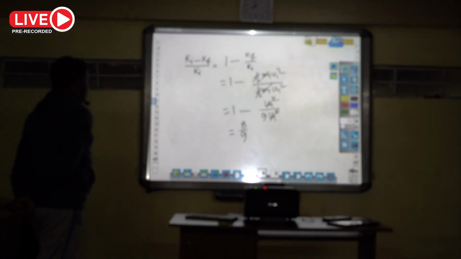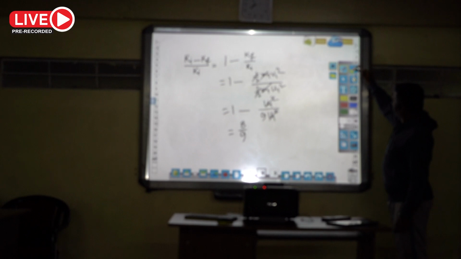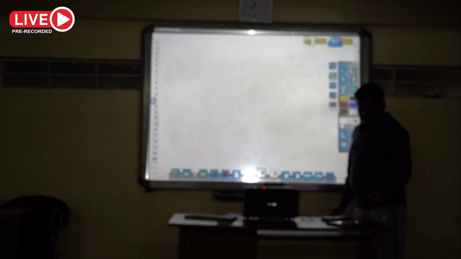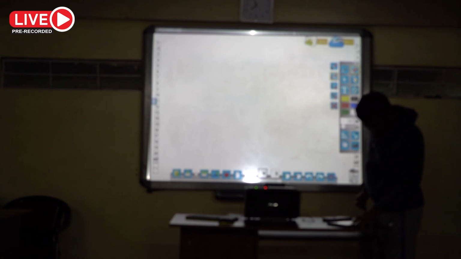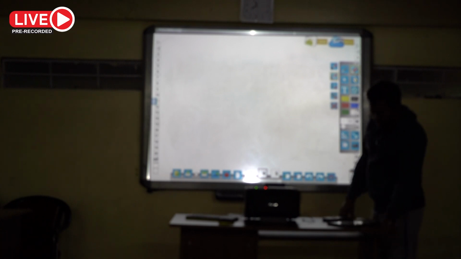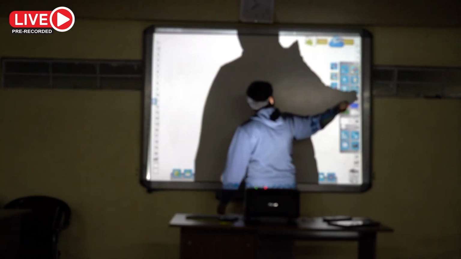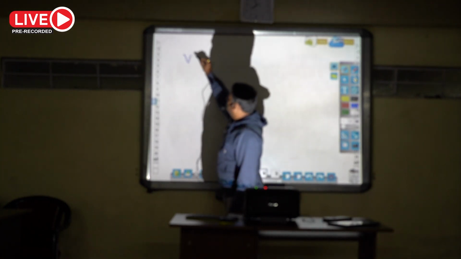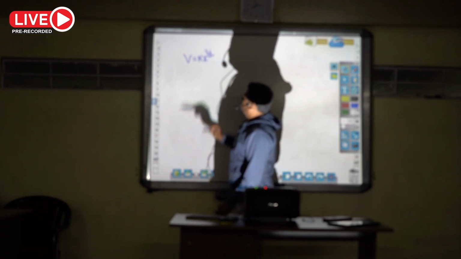See, I can show you two methods. First one: it is given that v equals some constant k into x to the power 3 by 2.